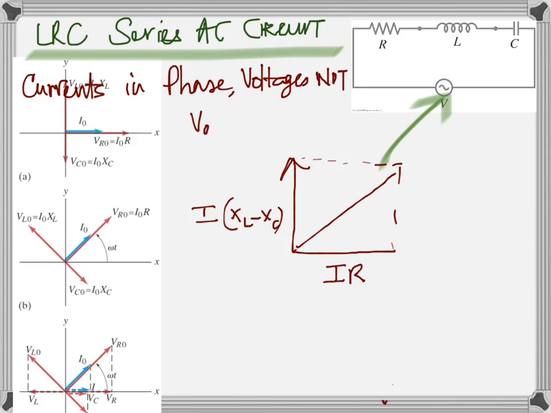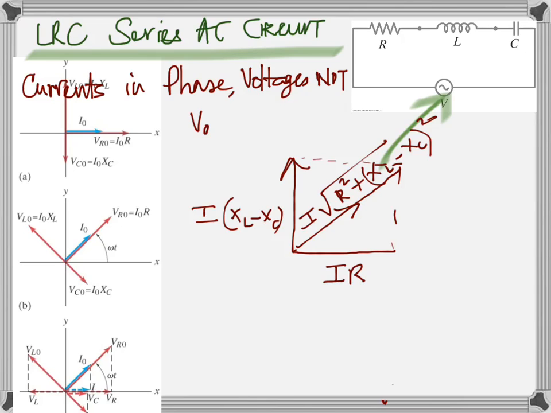Yes, and this is going to be the resultant, isn't it? Square both sides and take the square root. What will you get? You will get I times the square root of R squared plus XL minus XC whole square.